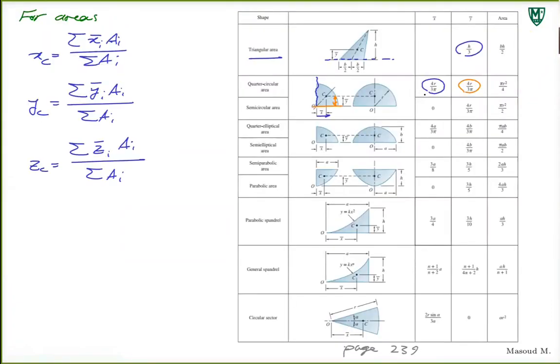The reason you don't see the rectangle in the table is that for a simple rectangle, the centroid is very straightforward. Let me add it here. That's why it's not brought here. If your coordinate origin is here, your X bar would be from here to the center, and this is going to be your Y bar.